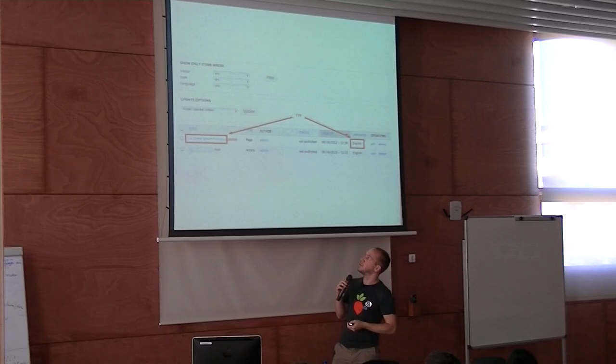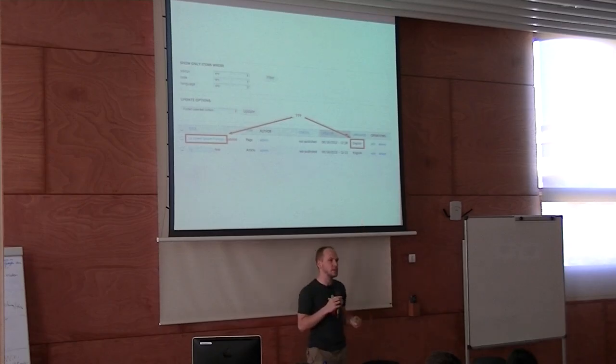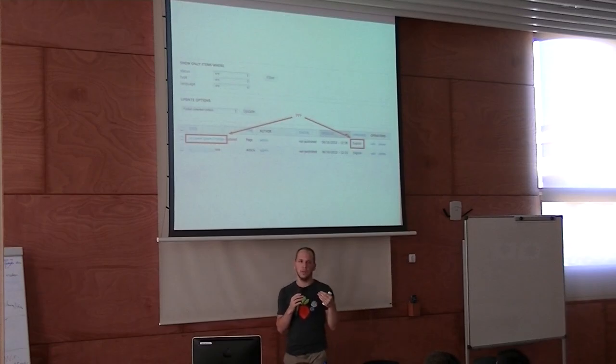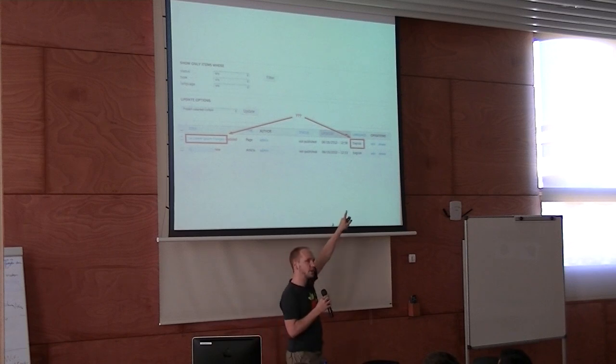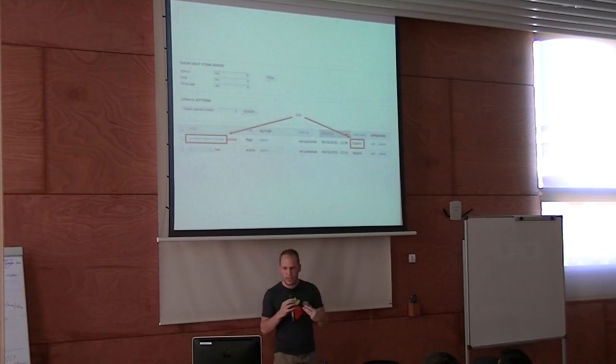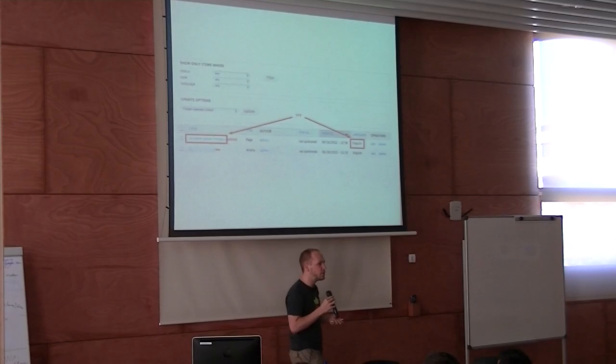I'm looking at the page in French, and I have the English displayed there. So it's kind of confusing for the users. So what is it? Is it English? Is it French? And also, what is going to happen once I click on the edit link there? So there's a little bit of confusion there.